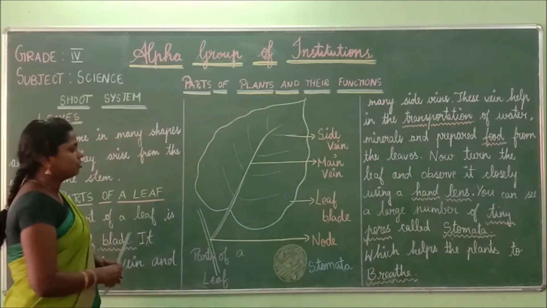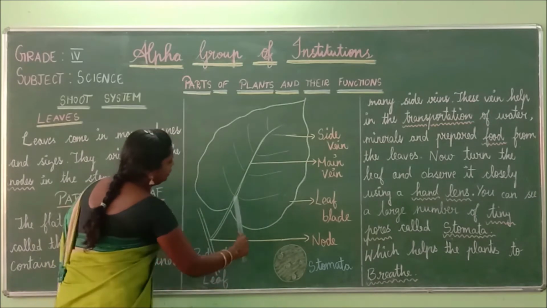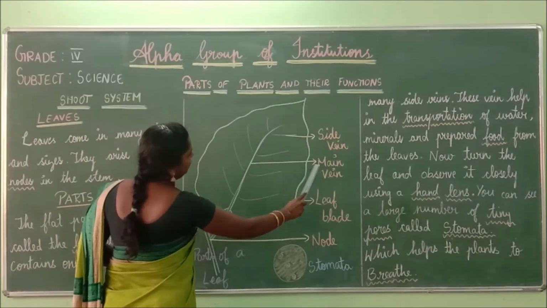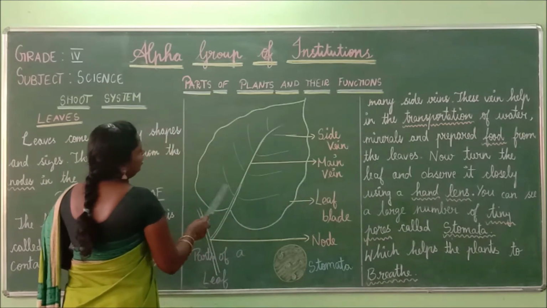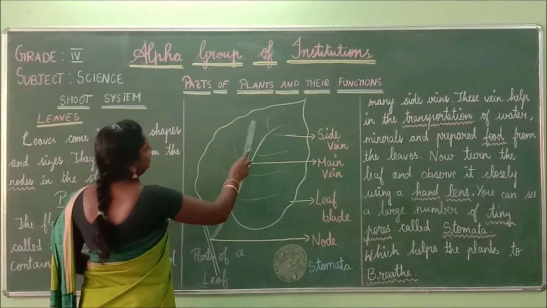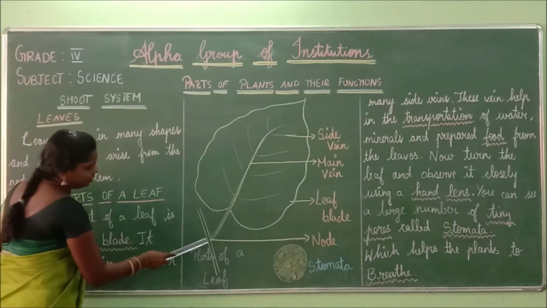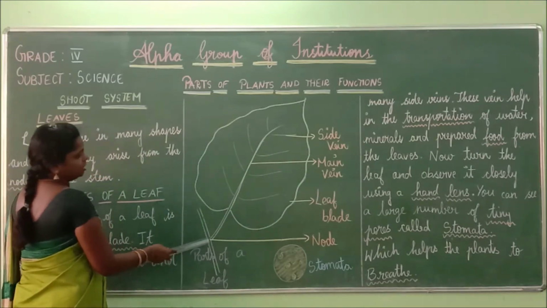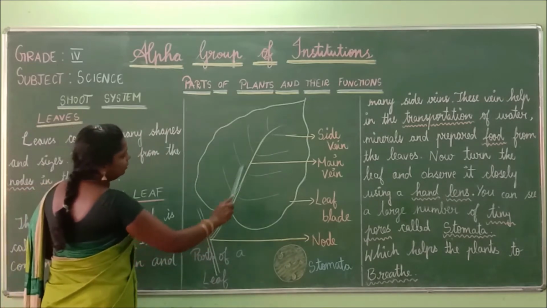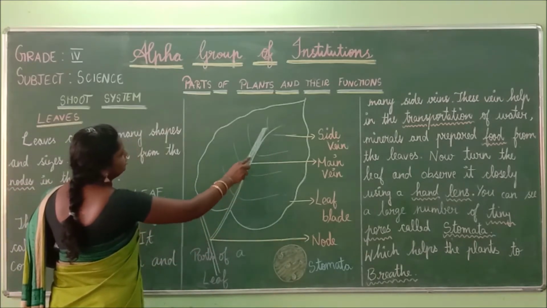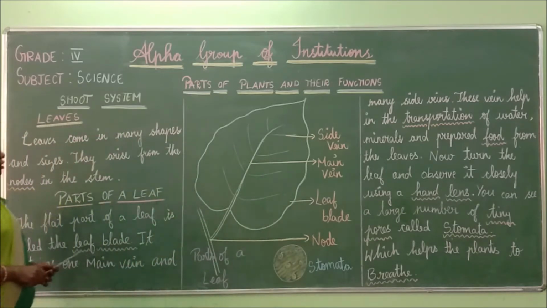So the leaf arises from the node of the stem and it has one main vein and many side veins. Is it clear, students?